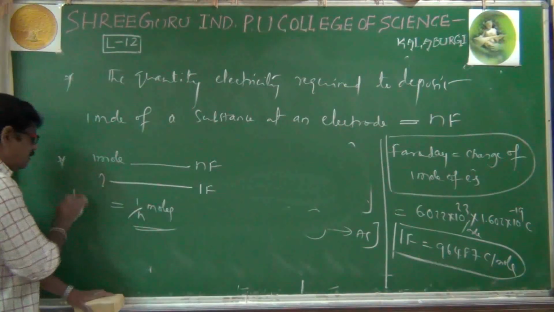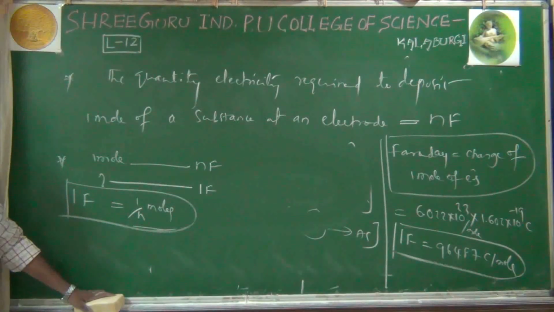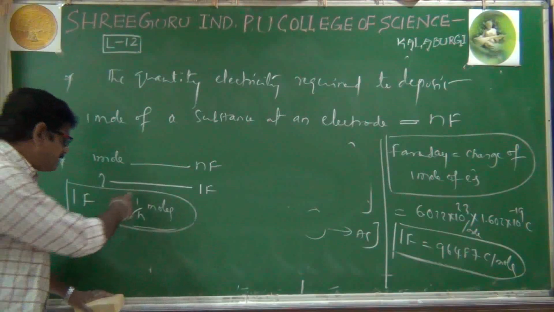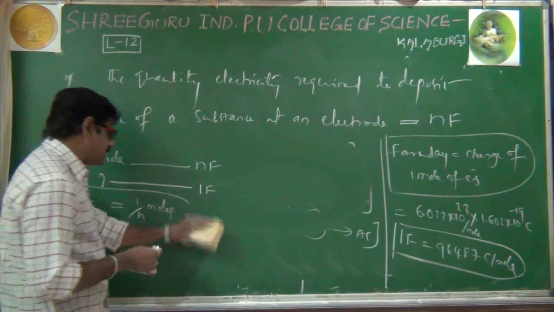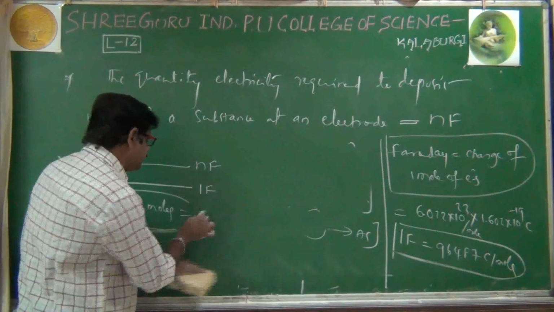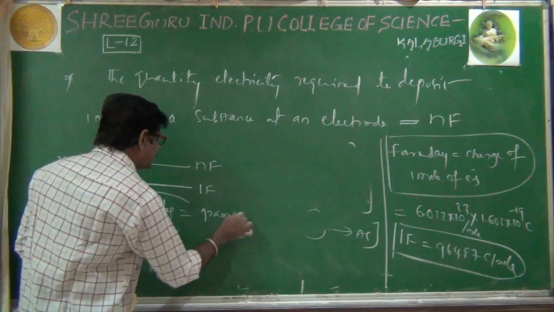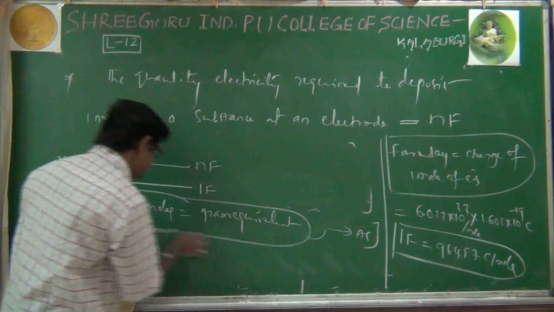This is very important. If you send 1 Faraday, then 1 by N moles of the substance will be deposited. 1 by N moles is nothing but the gram equivalent mass of substance deposited.